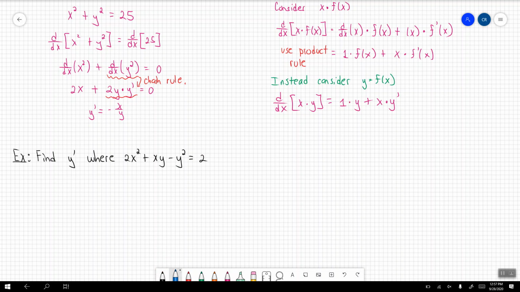If we want to find y prime, I'm just going to write a note that y prime is dy dx. So when I'm trying to find y prime, that means I'm going to have to take the derivative with respect to x for both sides of the equation.